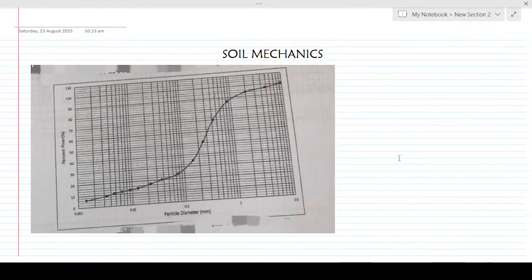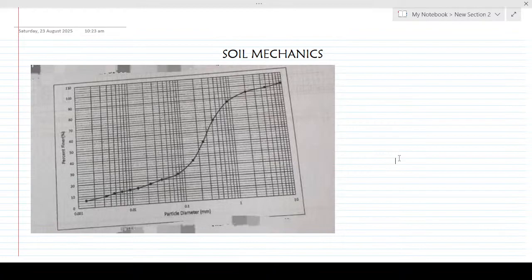Let me cross check something. Okay, so these are basically some of the things you'll be asked to do. Find coefficients of uniformity and all that, CU, CC. You may be asked to find the activity of the soil, the plasticity index of the soil, then probably classify the soil. Well, let's do that.